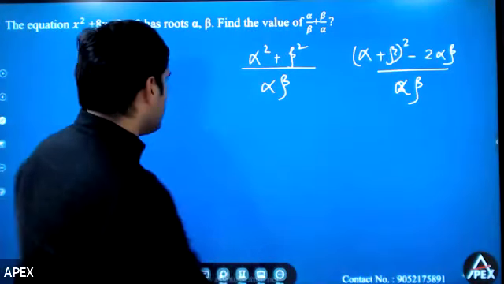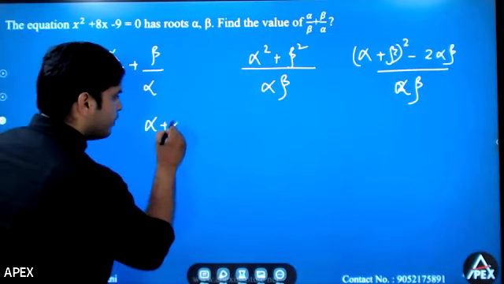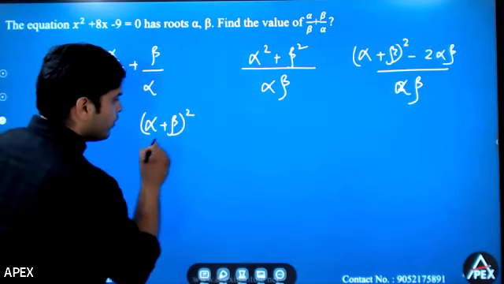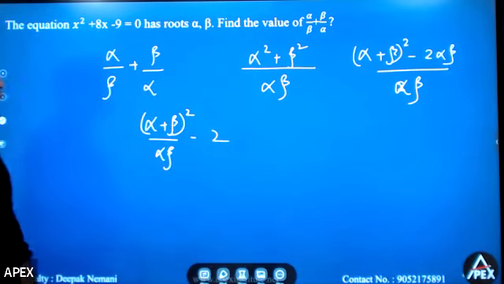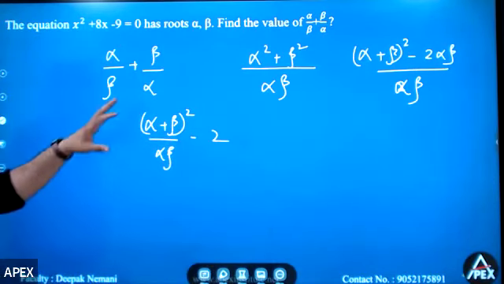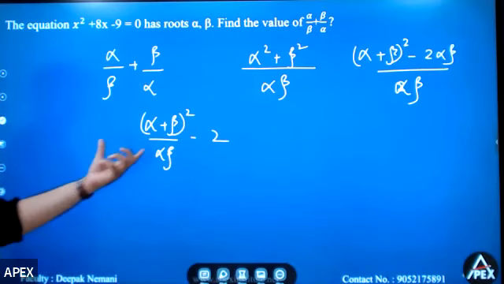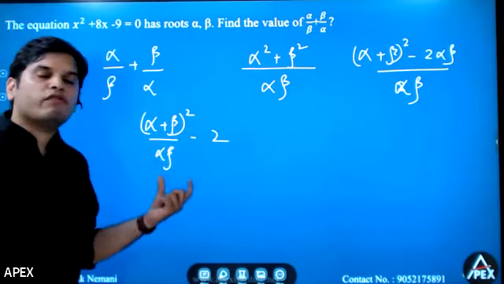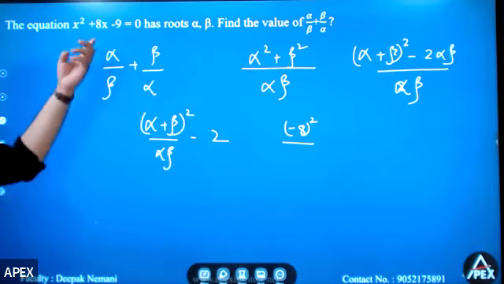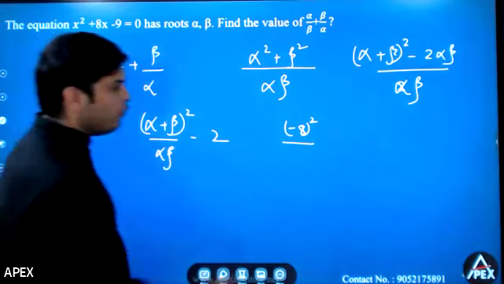So this is nothing but (alpha plus beta) whole square by alpha beta minus 2. Now if alpha and beta are the roots of the equation, alpha plus beta is nothing but the sum of the roots, alpha beta is nothing but the product of the roots. Now sum of the roots is minus b by a. So minus 8 by 1, minus 8 whole square, by product of the roots c by a, minus 9 by 1.